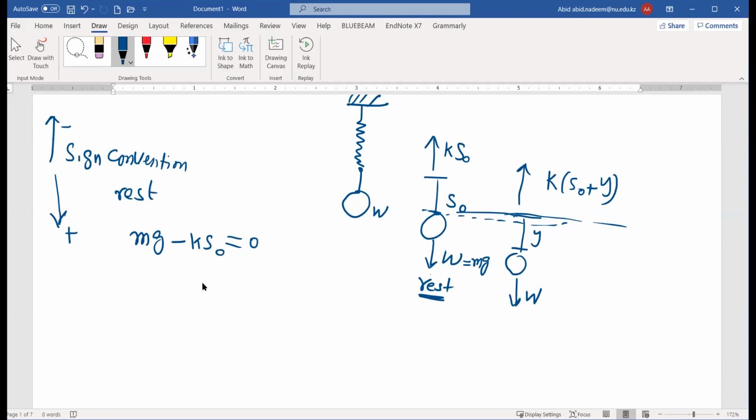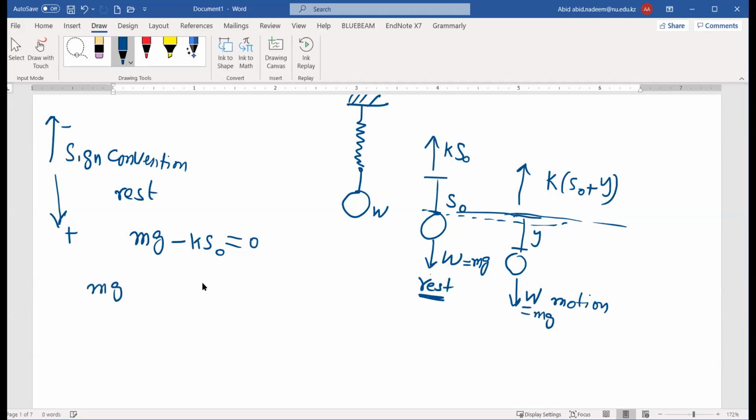In the second case, when the mass is in motion, for example, this mass was pushed a distance y downward and then released, the mass will start moving in an oscillatory fashion. So in this case, there will be a resultant force. What are the forces here? The downward force is W, which is the same as mg.